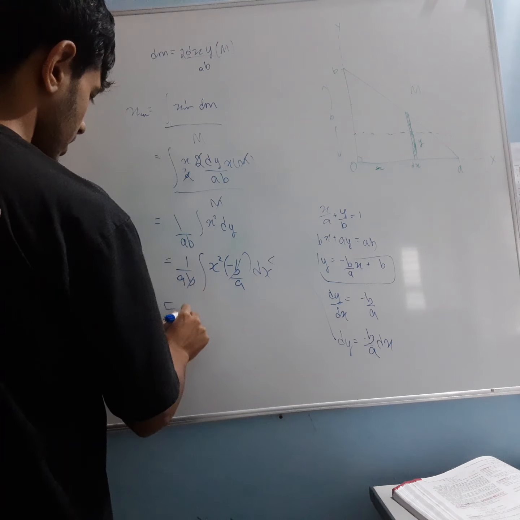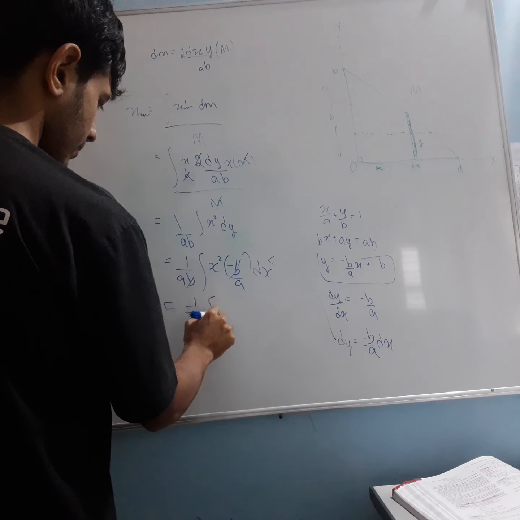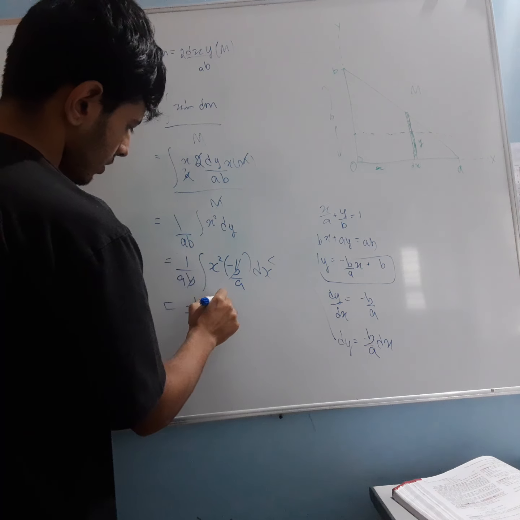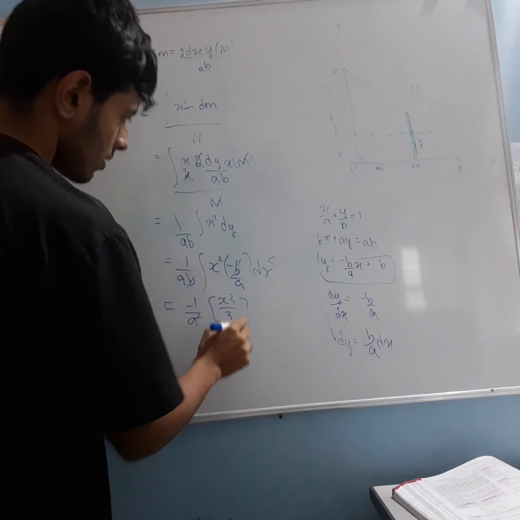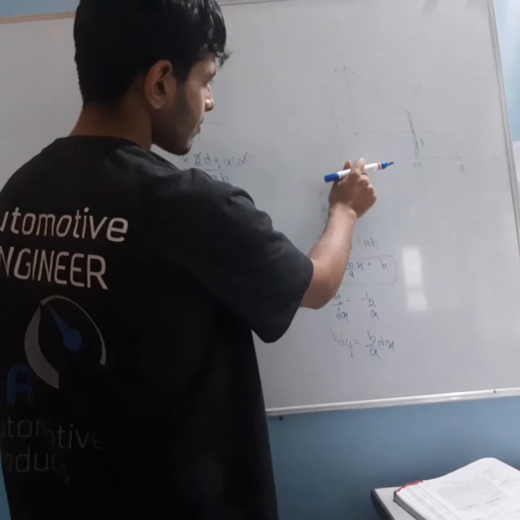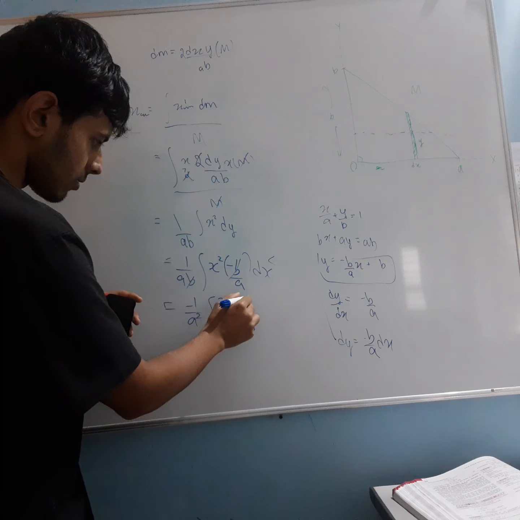Here b gets cancelled, so you get minus 1 over a squared, and integration of x squared dx is x cubed upon 3, and x goes from 0 all the way till a.